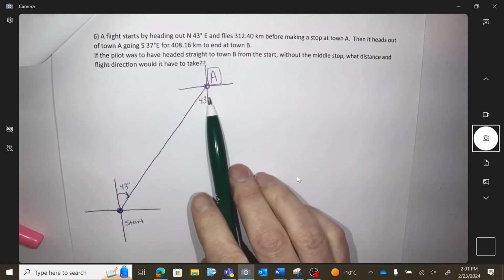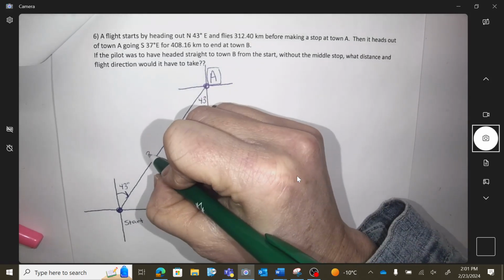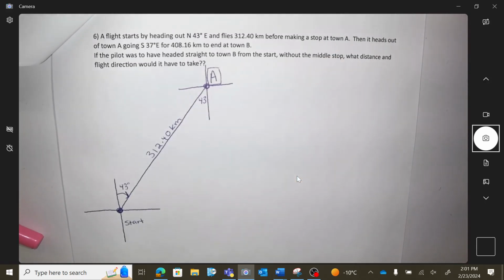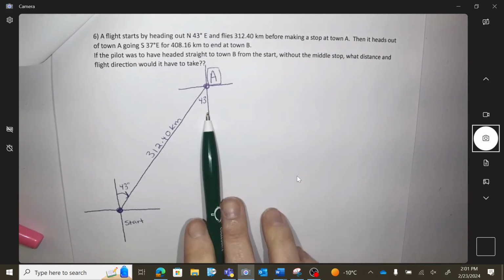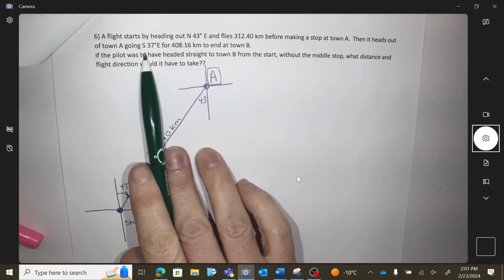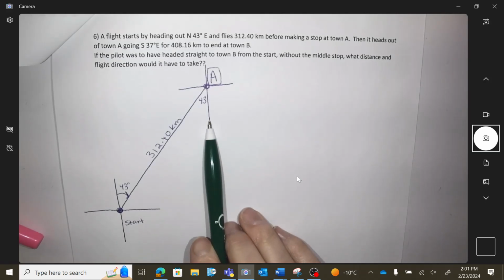Okay, so it stops at town A, and that was 312.4 kilometers. Then it goes from A, and it heads south 37 east. So from A, can you draw me a path?